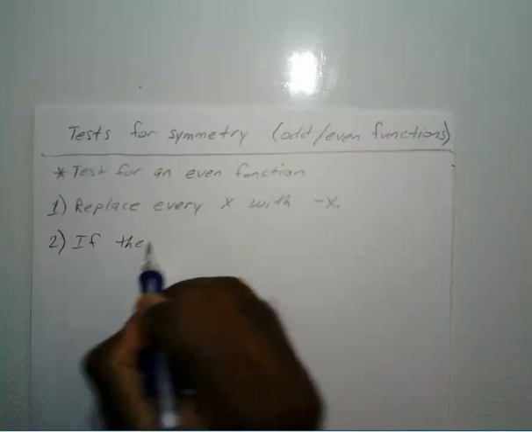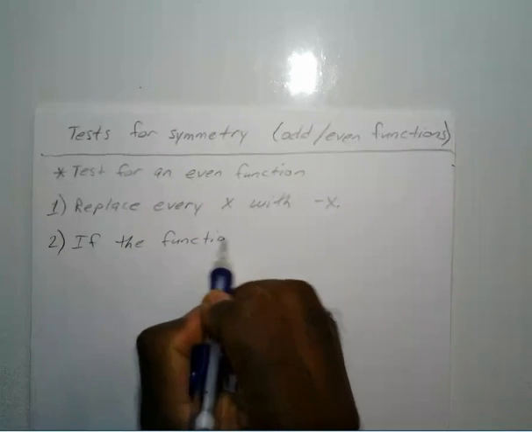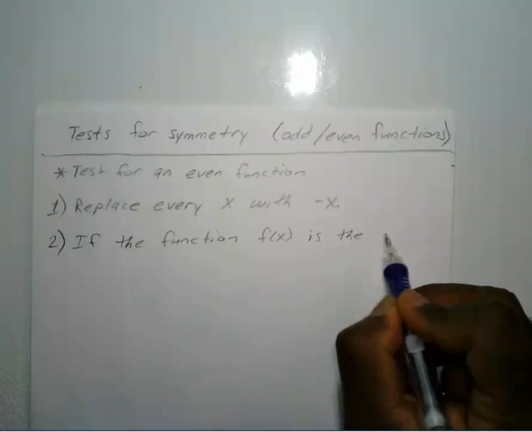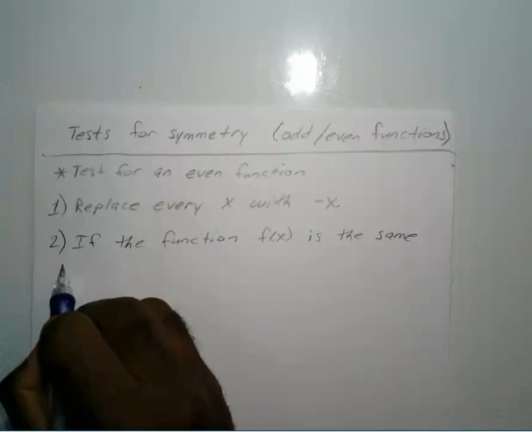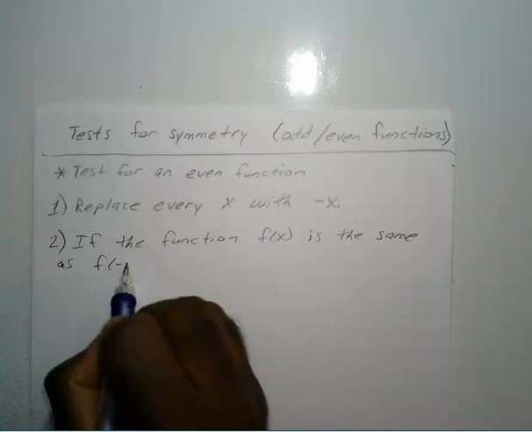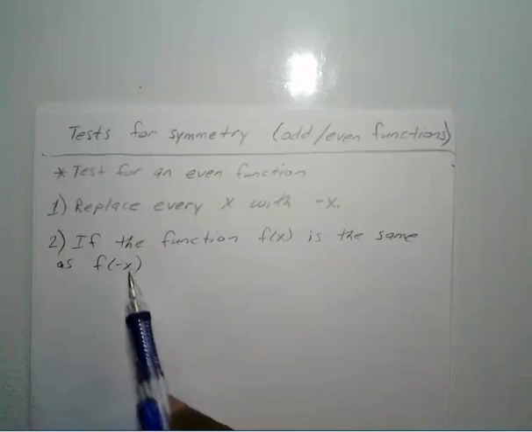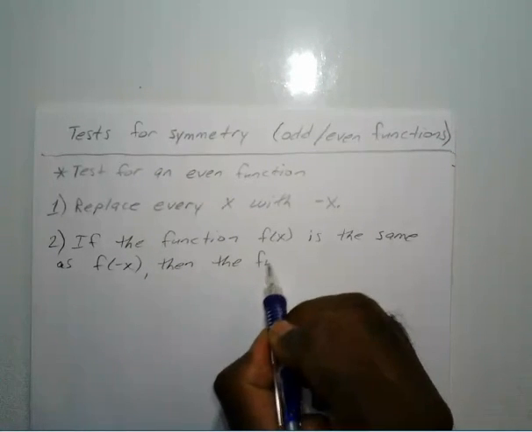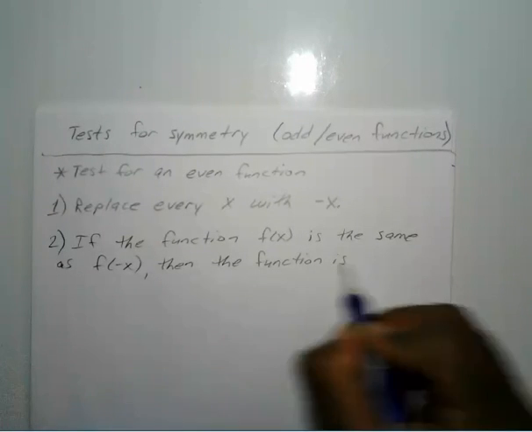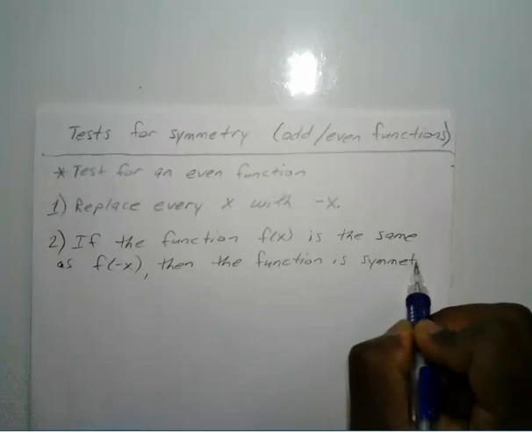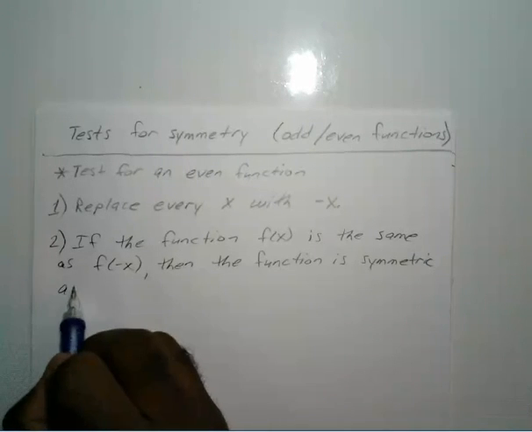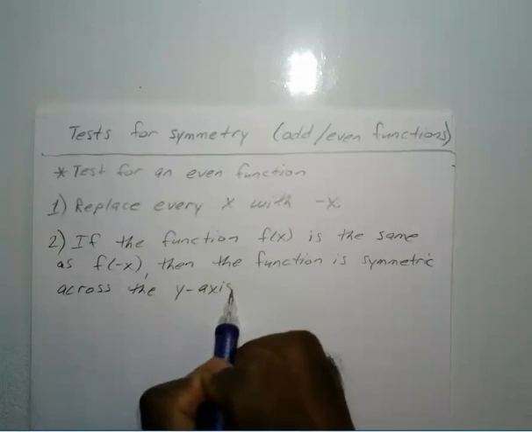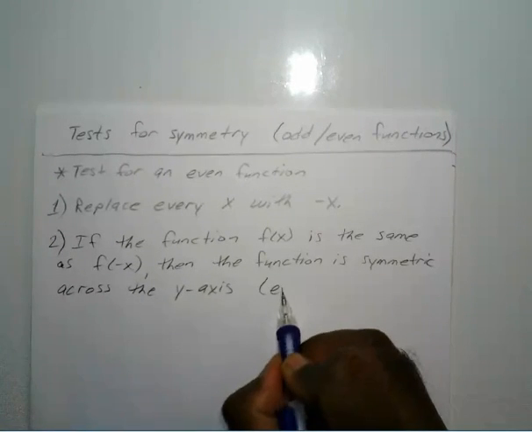If the function f of x is the same as f of negative x, remember you're replacing the x with negative x, then the function is symmetric across the y-axis, or in other words, it's an even function.